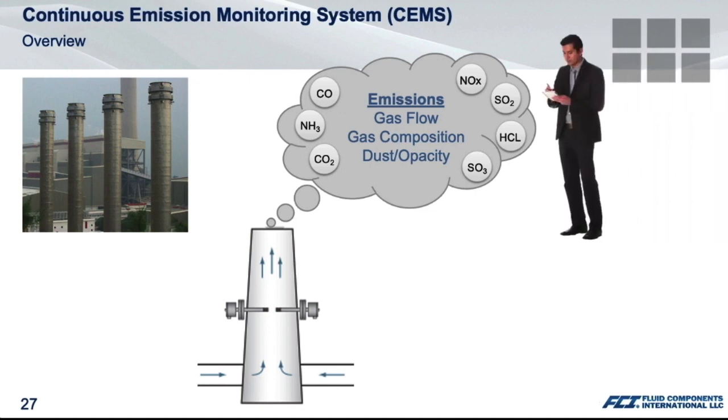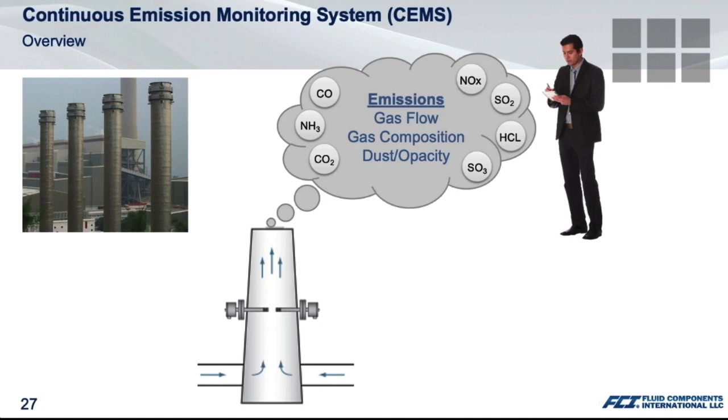Typically, the emissions consist of 3 key parameters to be controlled by a system: gas flow measurement of the flue gas, composition of the emissions, and dust or opacity, as this has a great impact on the amount of emissions coming from your plant.